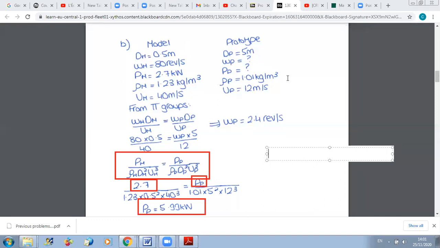Wait, let me check the frequency. No sorry, the frequency is 1 over the period, yes? So it has a unit of frequency.